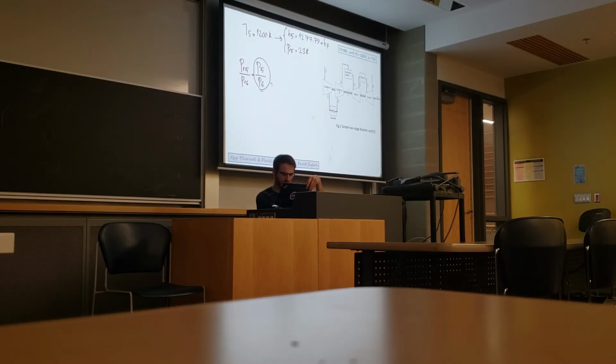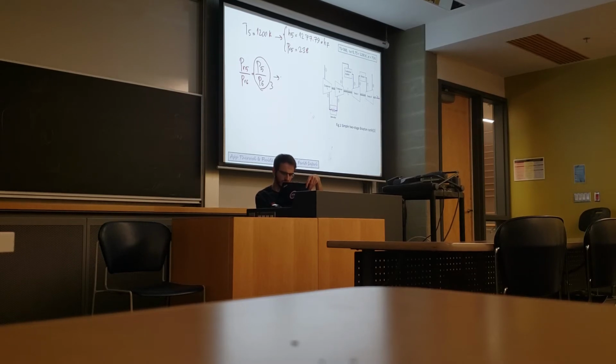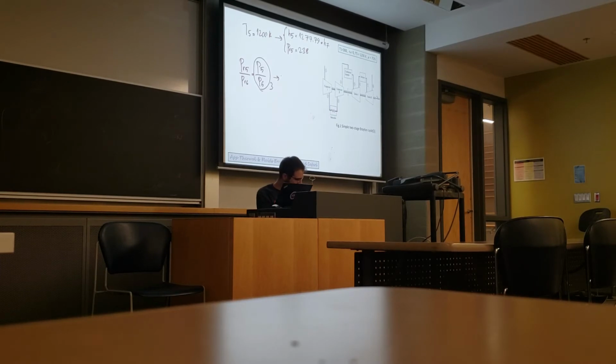So this is 3. So basically PR6 equals 1/3 times PR5.